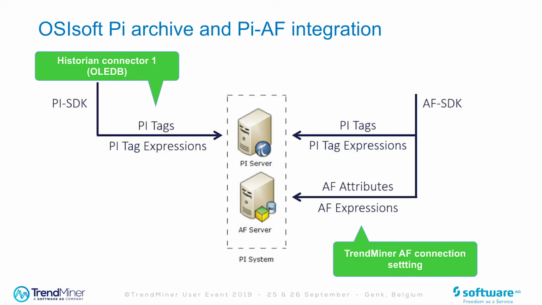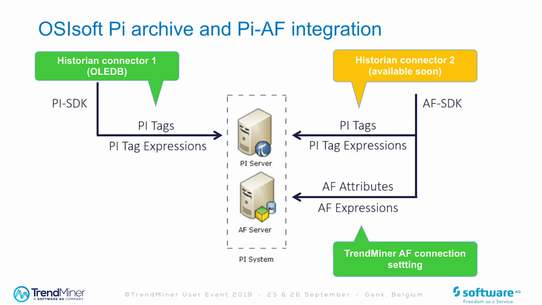With the AF structure, you can define asset structures and attributes that then link back to the time series. And we started tapping into that asset framework as well, with a connector using the AF SDK. And that's been there for a while.